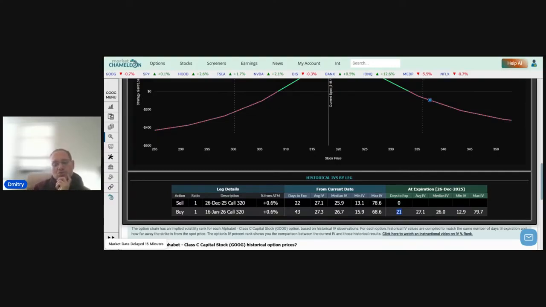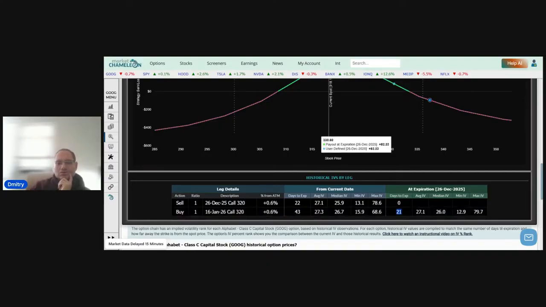And historically, with options with 21 days to go that are this far away, the implied vol on average is 27.1. The median was 26, and the low of the range was 12.97, the high 79.7.